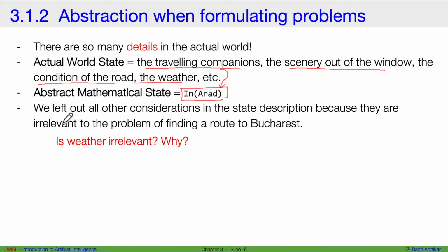We've intentionally left out all other considerations in the state description because they are irrelevant to the problem of finding a route to Bucharest. Now, you may intuitively say, well, weather is relevant, right? Because if the weather goes bad, then the time it takes, or the algorithm that works to find the shortest route, may not work properly. But here's the catch.